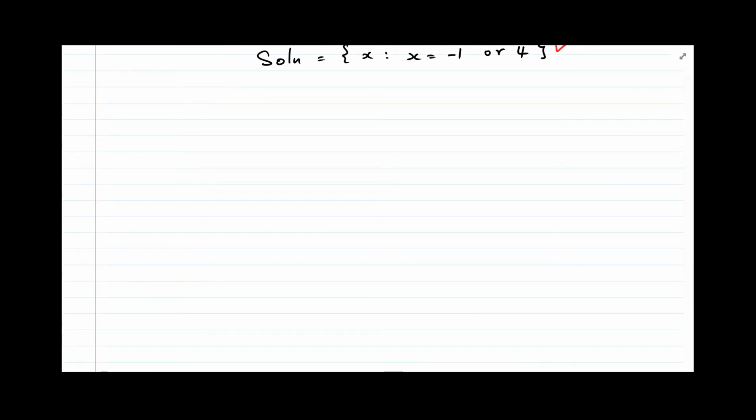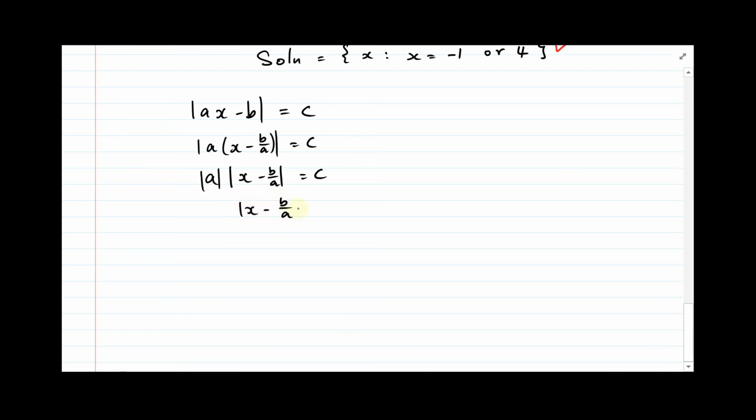So we can solve any equation of the form, say, absolute value of ax minus b equal to c. We will be trying to factor first, absolute value of x minus b over a equals c, providing that a is whatever it is, we get a positive value. We will take this equation from one form to the next.